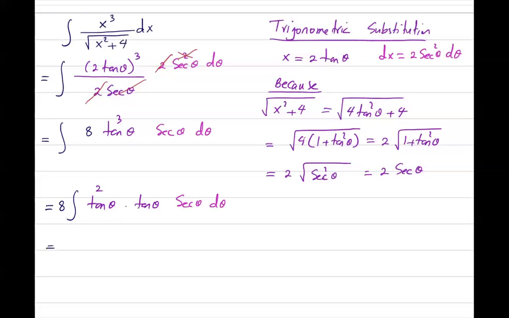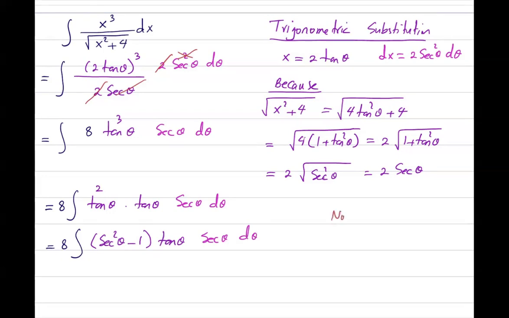So you have 8 times the integral of, for tangent squared, use secant squared minus 1, and then copy down your tangent, and then you have another secant to add here, and then use regular sub.